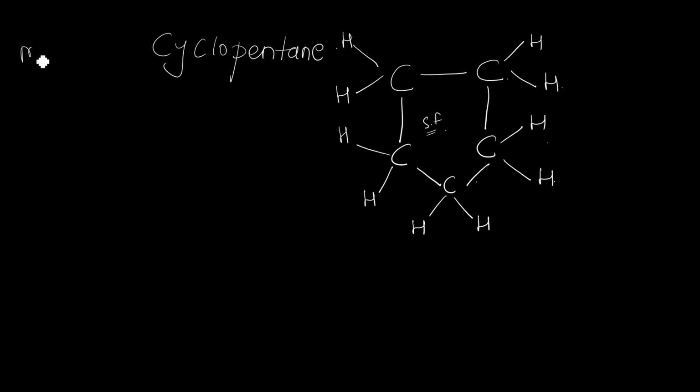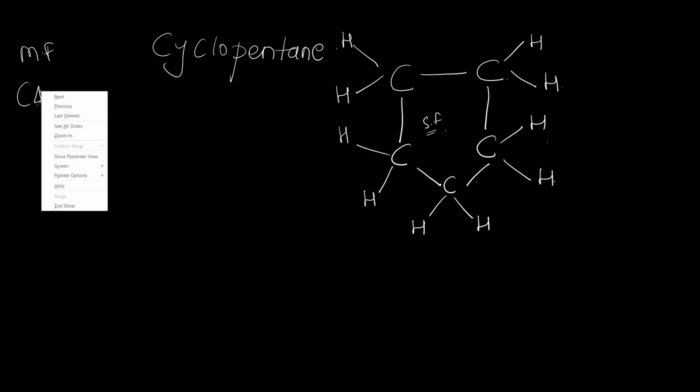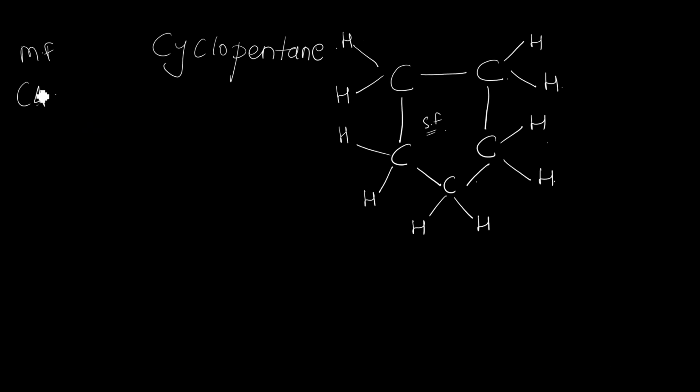So you can write the molecular formula: C5, because there are 5 carbons. And how many hydrogens? 1, 2, 3, 4, 5, 6, 7, 8, 9, 10. H10. Now we will make the electron dot structure for cyclopentane. See how many electrons: 1, 2, 3, 4 electrons of carbon, 1 electron of hydrogen.